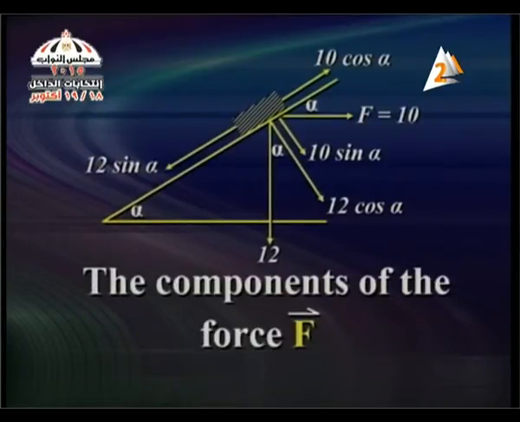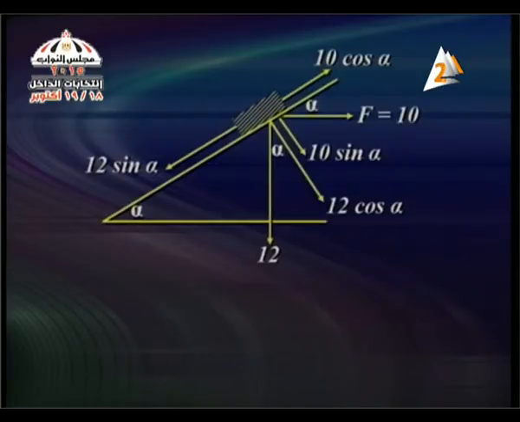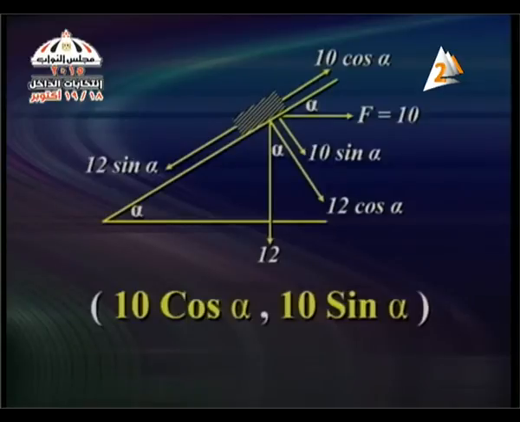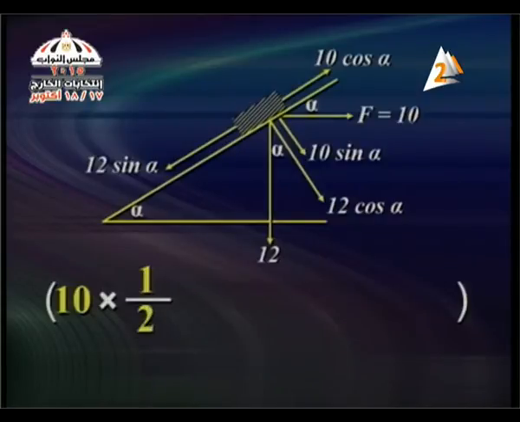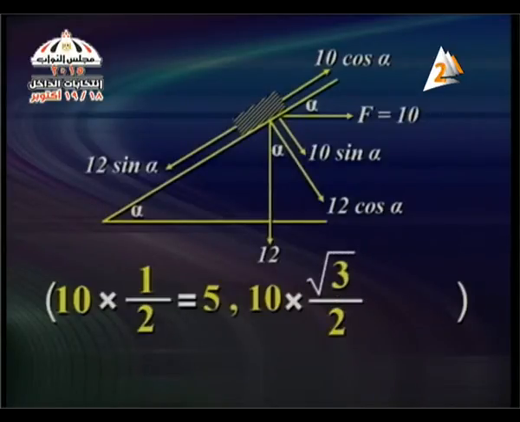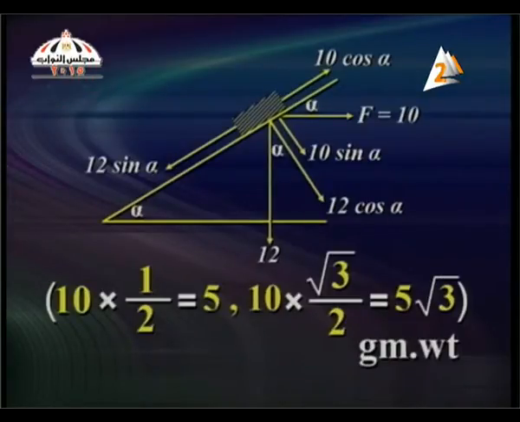But the components of the force F, as we said, are 10 cosine alpha and 10 sine alpha, which are 10 times 1 over 2 equals 5, and 10 times √3 over 2, which is 5√3 gram weight.